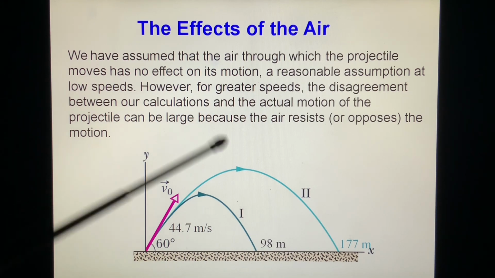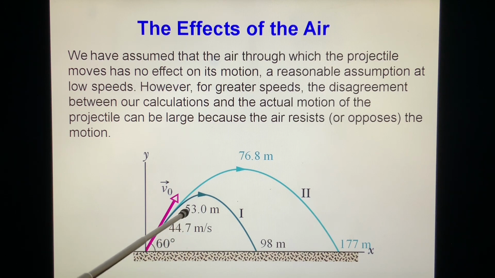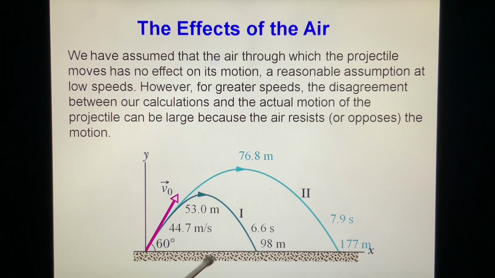By theory, it should reach a height of 76.8 meters. Actually, it only reached 53 meters. By calculation, it should last 7.9 seconds in the air, but actually, after 6.6 seconds, it touched the ground.